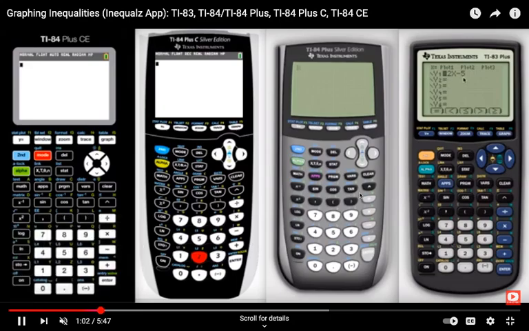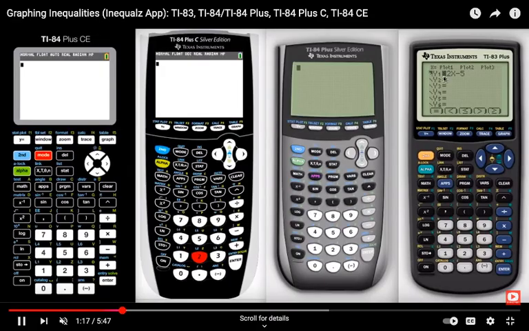So for this one, we want the greater than sign. So we're going to click alpha, and then to get this greater than sign, you're going to click Trace. Those are lined up. And as you can see, your calculator will change to the greater than sign. It will also change this little symbol to the left of the y equals to look like the graph.